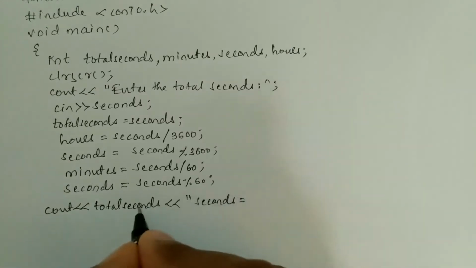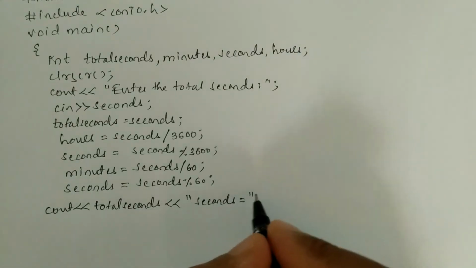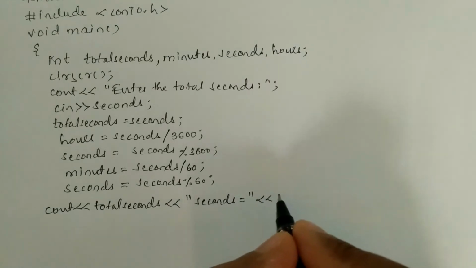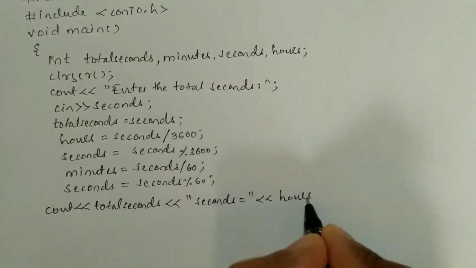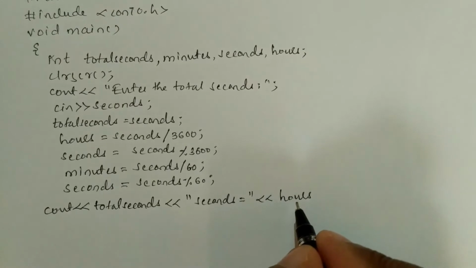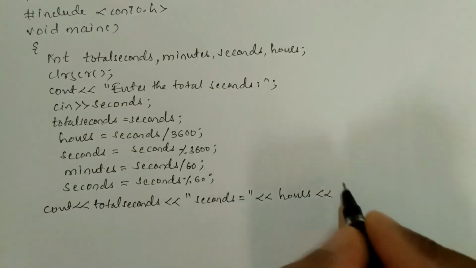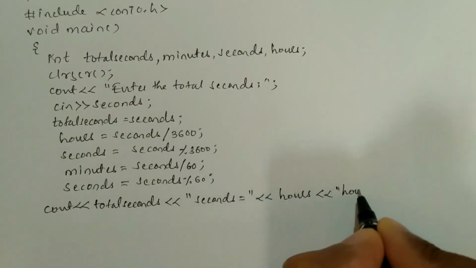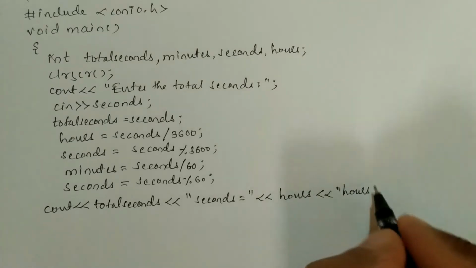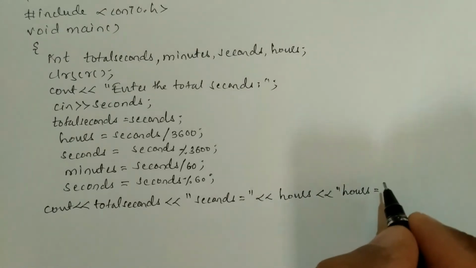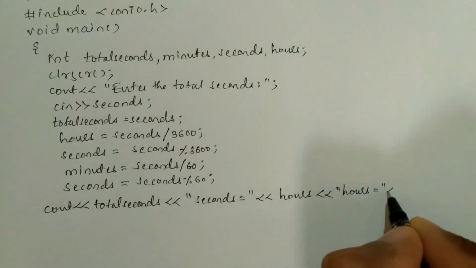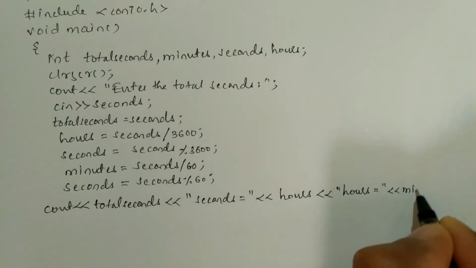So these many seconds is equal to, then here I'm going to write hours, that is the value stored in this variable will be printed, and then stream insertion operator, in a double quotation mark I'm going to write hours is equal to, then end the double quotation mark, then stream insertion operator.